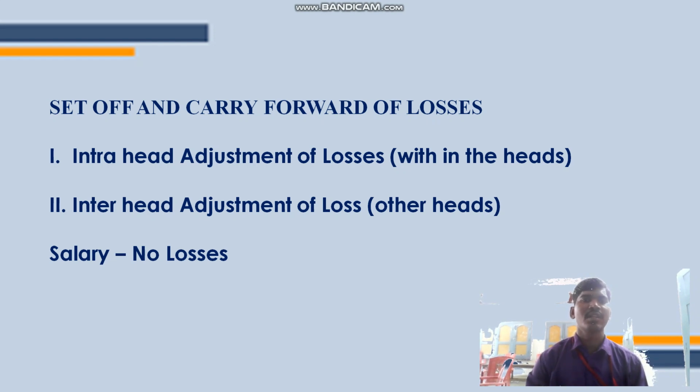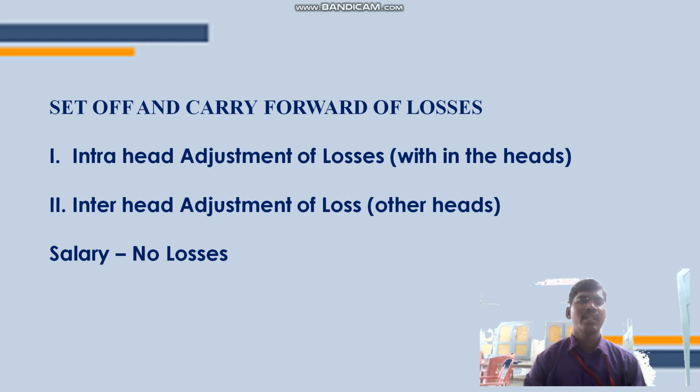If anything is remaining unadjusted, it can be carried forward for the following years. In the set off there are 2 types of adjustments: one is intra-head and another one is inter-head. Intra-head means within the same head, inter-head means other heads also.